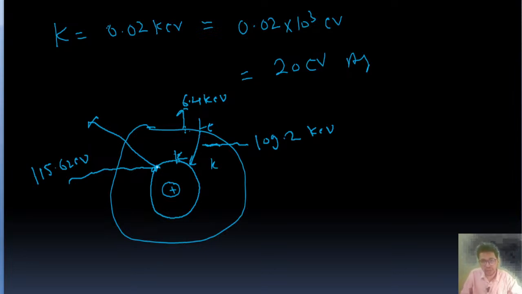Because the electron jumps here, the photon emitted by the electron which jumps from the L shell, plus the ionization energy of the L shell, is going to be the ionization energy of this shell. So the ionization energy of the K shell is the photon emitted by the L electron when it jumps from L to K, plus the ionization energy of the L shell, right?